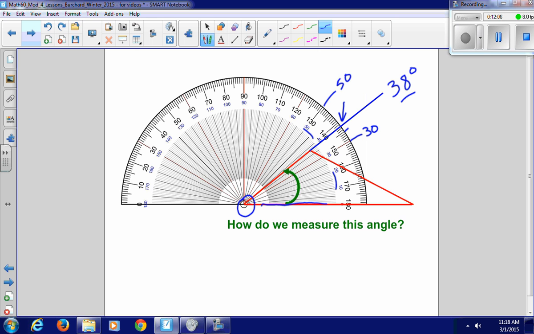So remember, if you read the wrong scale, you would claim that was a 142 degree angle, and you look at that angle, you know it's less than 90 degrees because you know what a 90 degree angle looks like, and you just realize, oh, I just read the wrong scale. I'm just going to go back and read the correct scale.